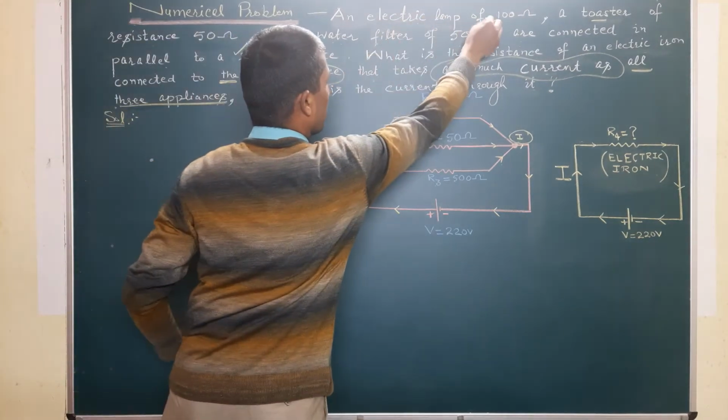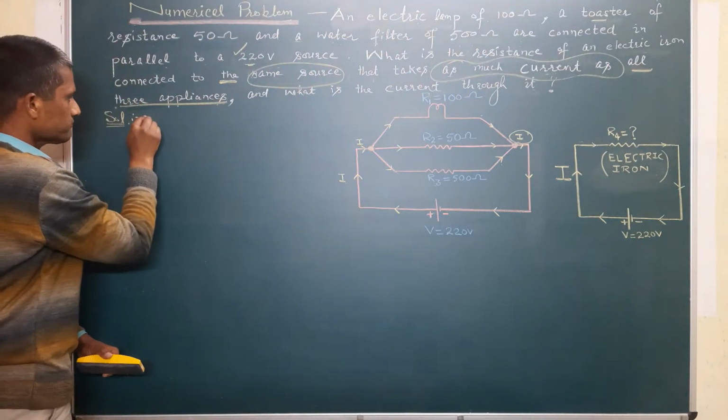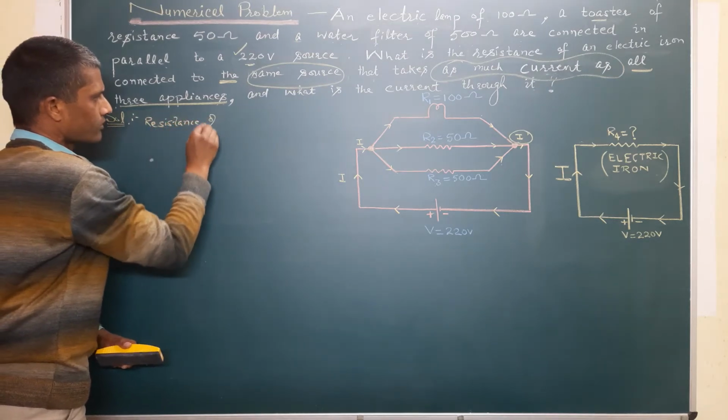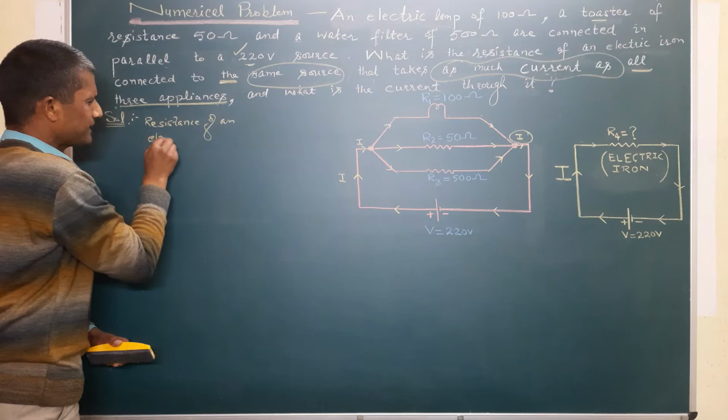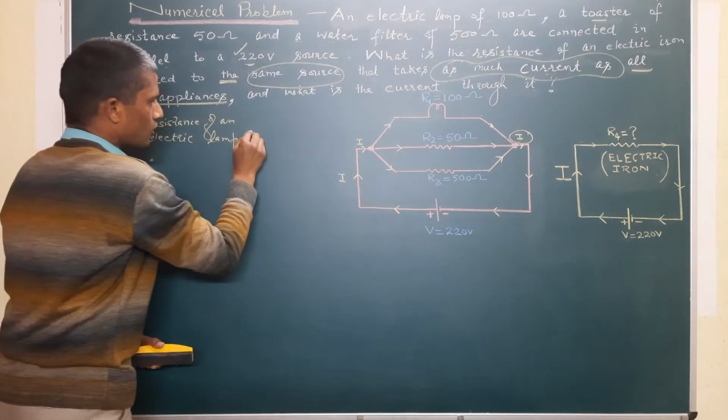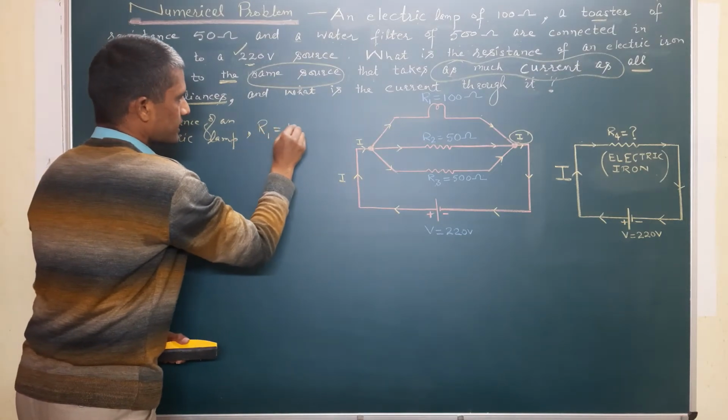An electric lamp of resistance 100 ohm. We write over here electric lamp, R1, and it is 100 ohm.